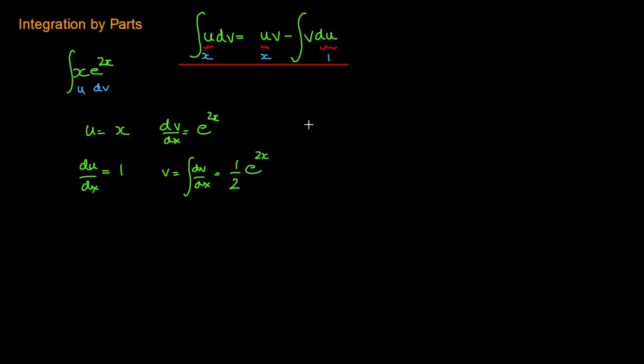So putting all this together, we get the integration of x e to the 2x is equal to uv, u is x, multiplied by v, which is a half e to the 2x, minus the integration of v, which is a half e to the 2x, multiplied by 1.